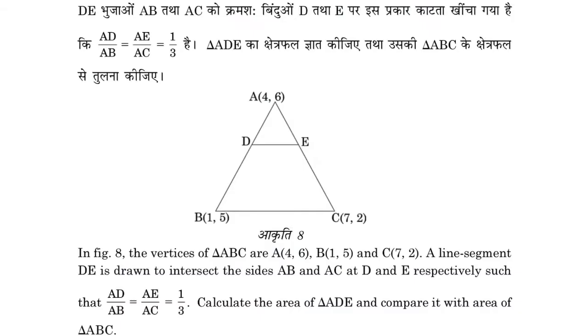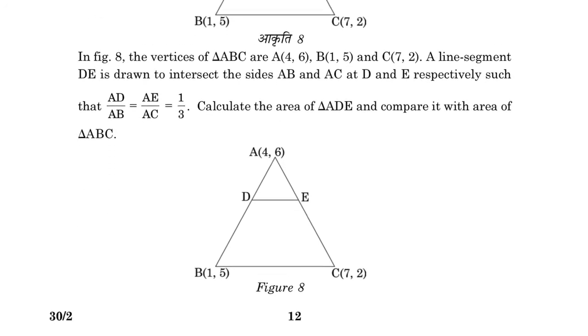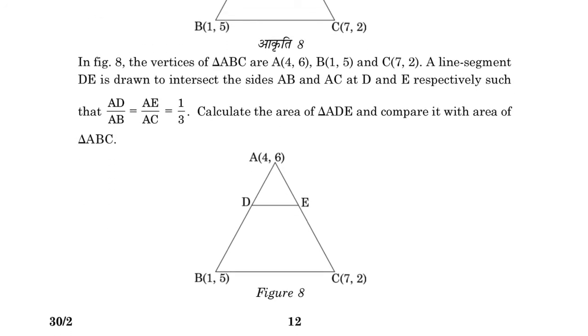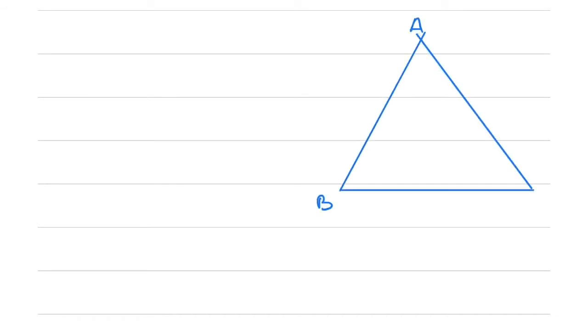Question number 24. In this question, we are given a triangle ABC, and A is (4, 6), B is (1, 5), then C is (7, 2), and the line segment DE is drawn.